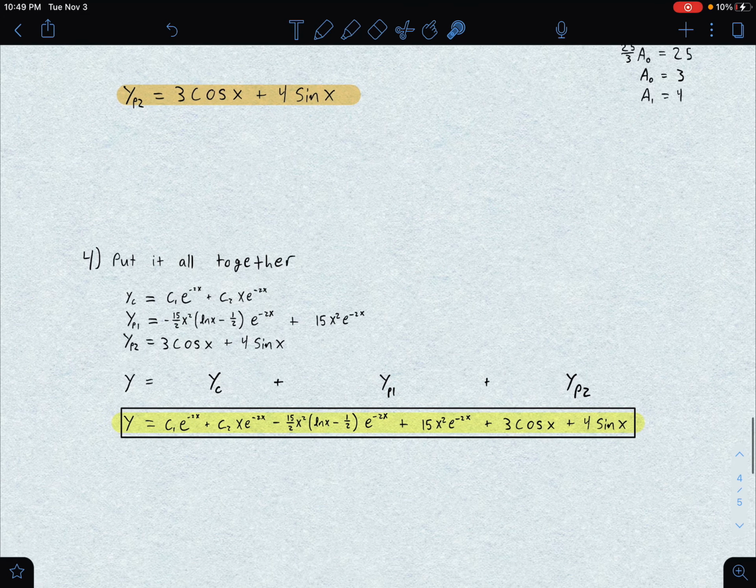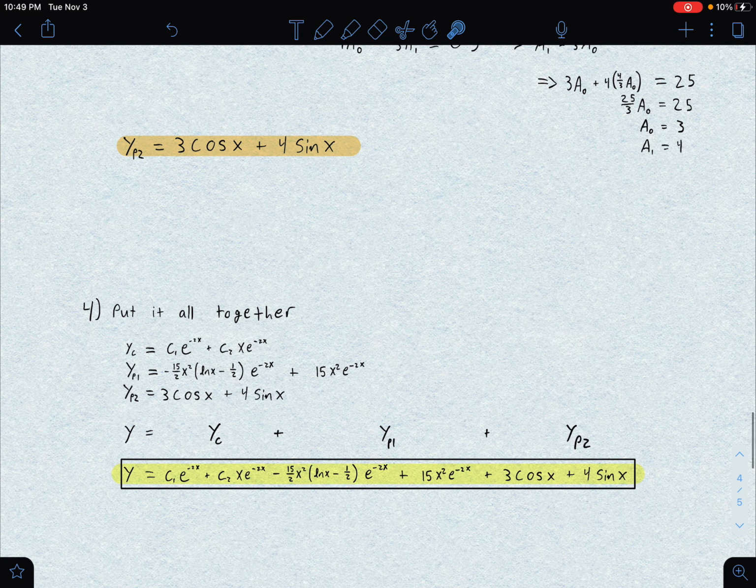Now we can put it all together. So I rewrote our complementary solution and our first particular solution in case you forgot what they were. And so our solution will be in this form. And now we just plug everything in.